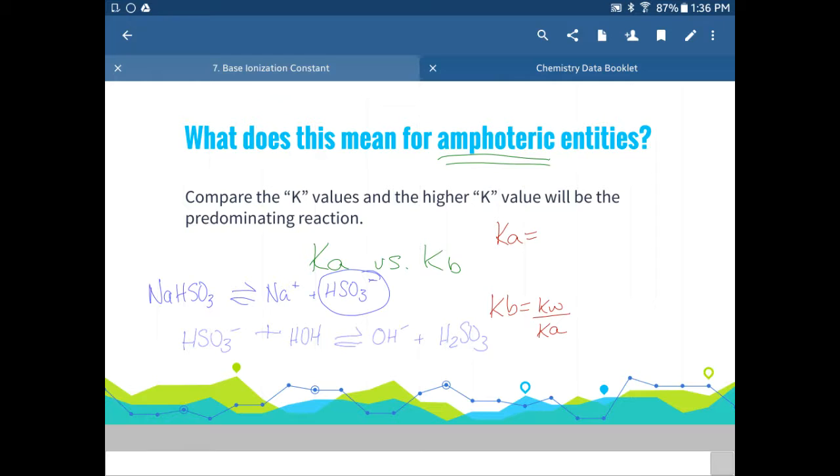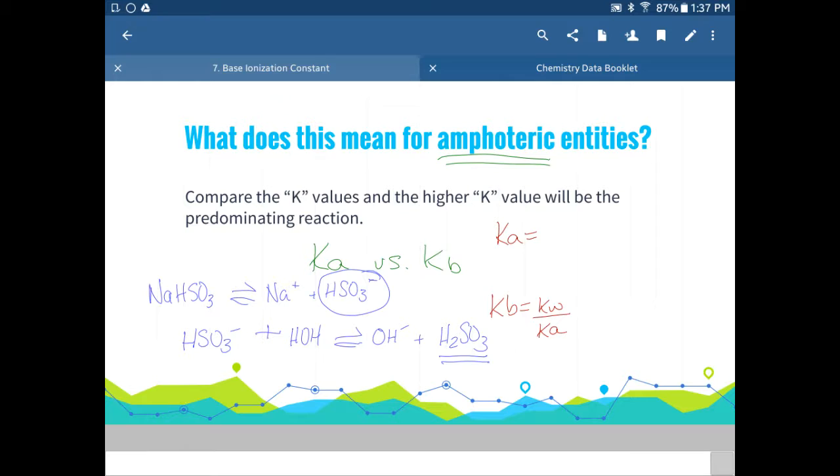H2SO3. So when we're looking for a Kb value of this entity, we need to search for H2SO3 on our data booklet. We need to find it with one more proton when we're going to calculate our Kb.